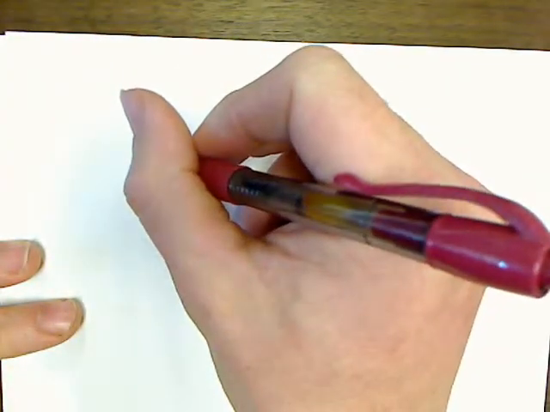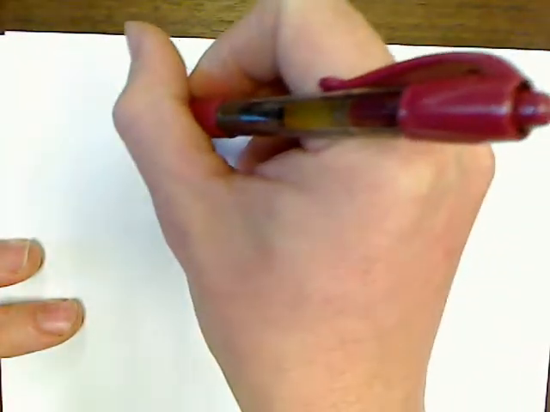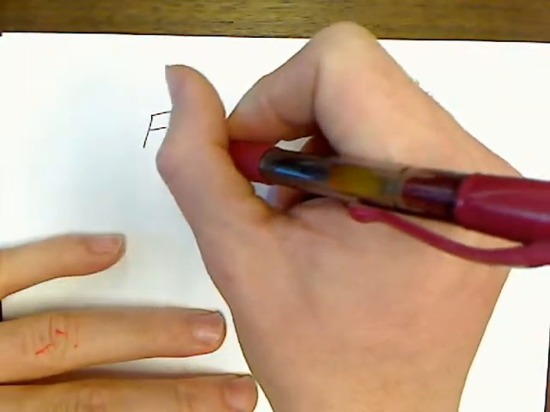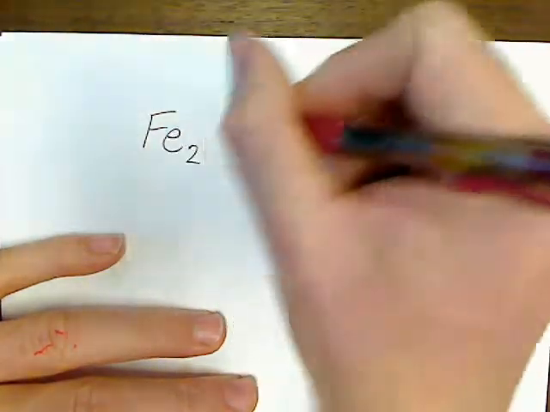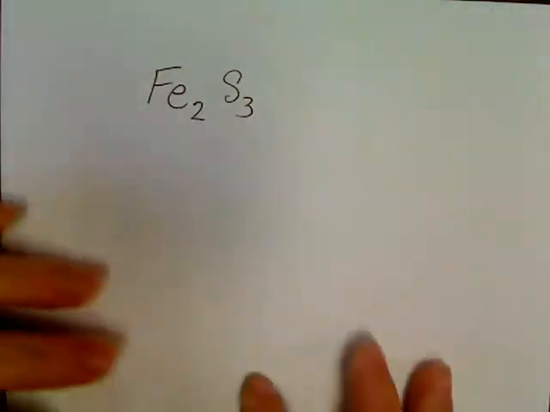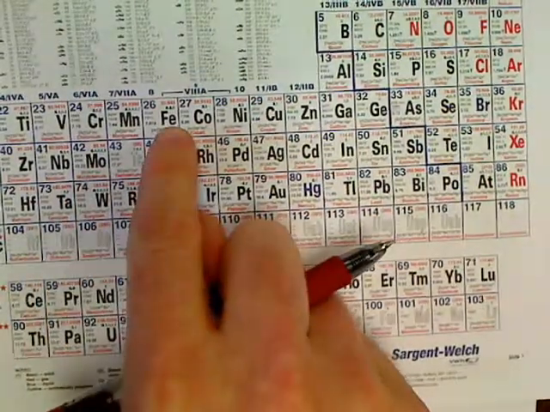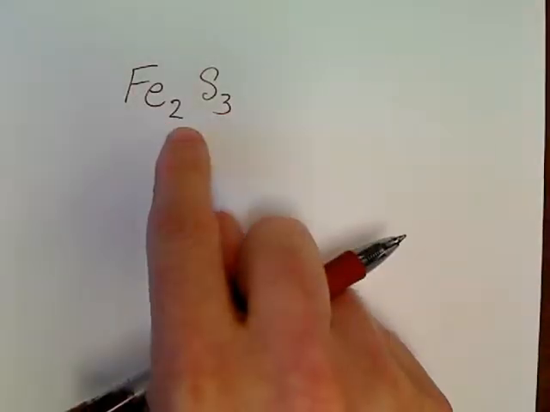What about, let's see if I can throw something else at you. What about if we had Fe2S3. Is that ionic or covalent? Well, Fe is to the left side of the zigzag. That means this is ionic.